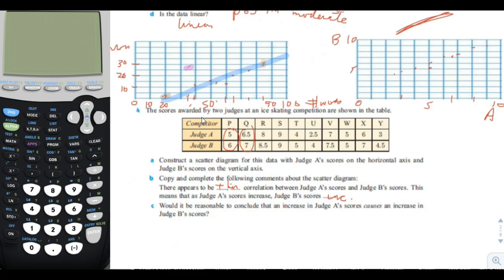I mean, maybe if you have an inexperienced Judge B and he looks over at Judge A's score before he writes his down, I can see then maybe Judge A's score would cause Judge B's scores to be higher or lower, but normally you wouldn't expect the judges' scores to influence each other, so no. And it's normal for one skater to be judged about the same by both judges, right? Unless one's from Russia and the other one's from America. Maybe then you wouldn't have that. Okay, so that's the end of page 1 and 2.